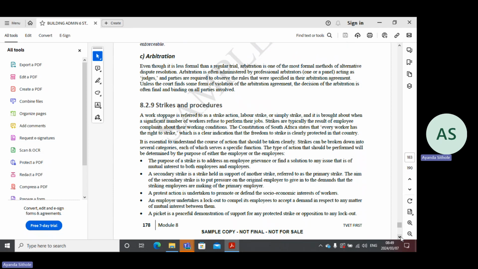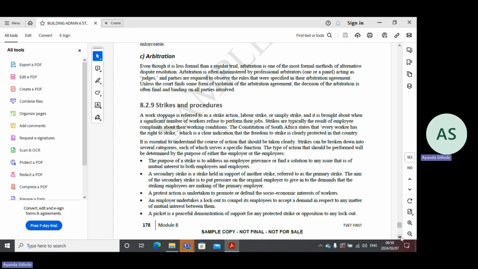strikes and procedures. A work stoppage is referred to as strike action, labor strike, or simply a strike, and it is brought about when a significant number of workers refuse to perform their job. Strikes are typically the result of employee complaints about their working conditions.